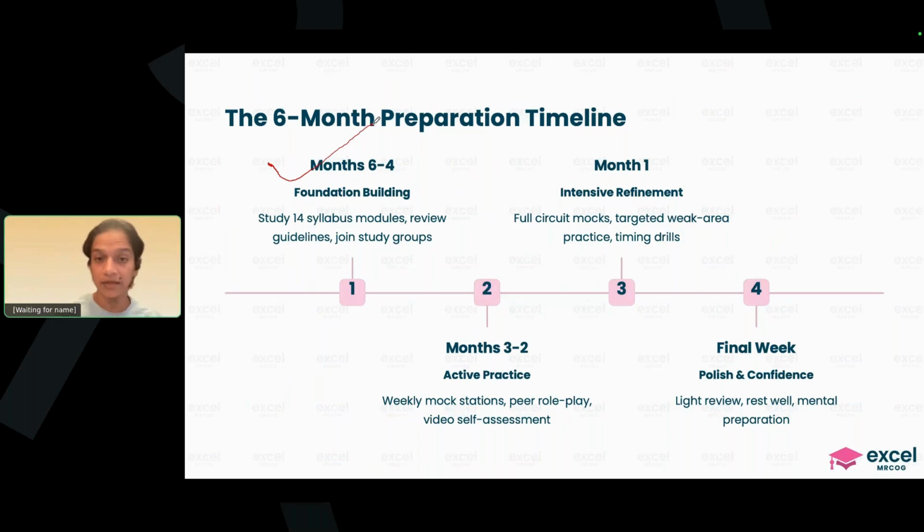Now, what happens 1 month prior to the exam? Take the circuit. Some mock exams are there. You have online mock exams, you have on-site mock exams, you have the RCOG mock exams, whatever you are comfortable with. You take a mock exam. Please don't take a mock exam 2 days prior.